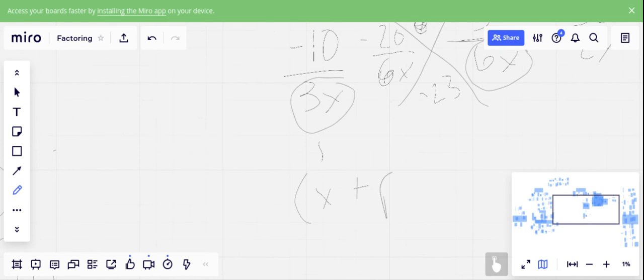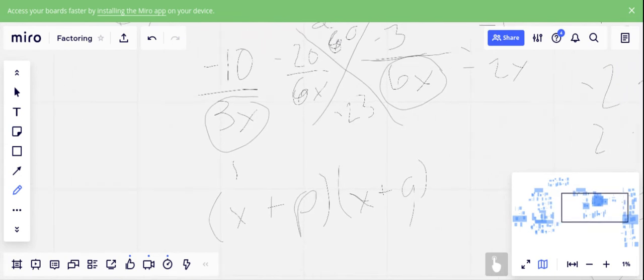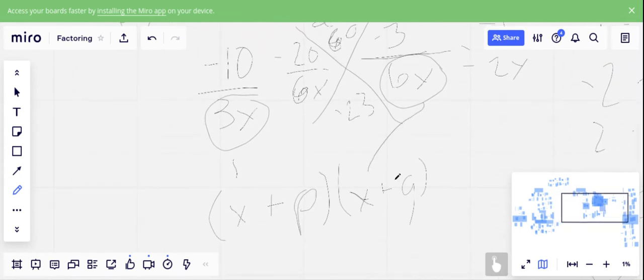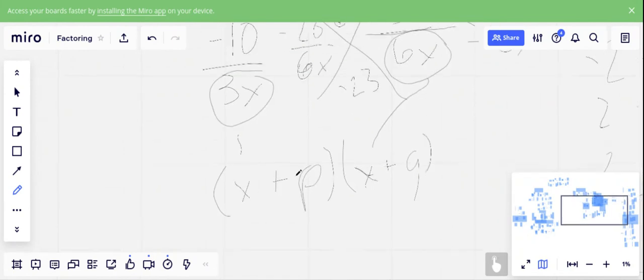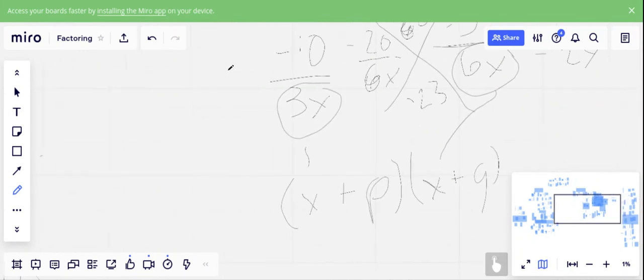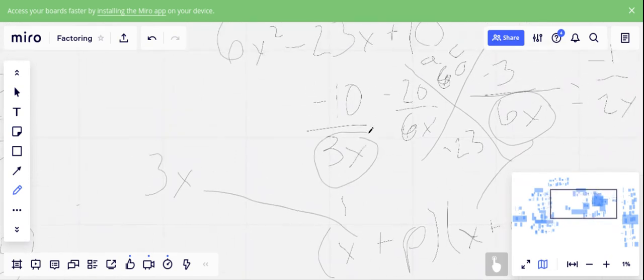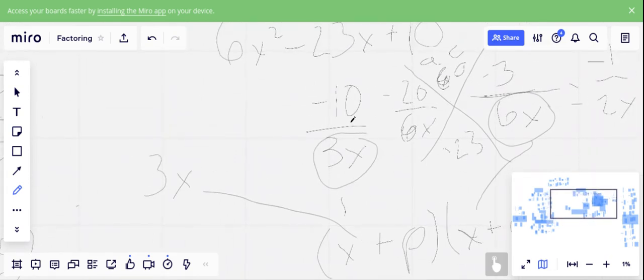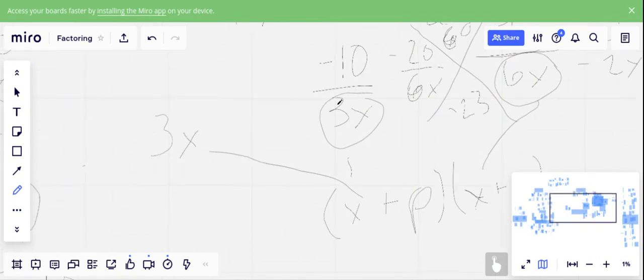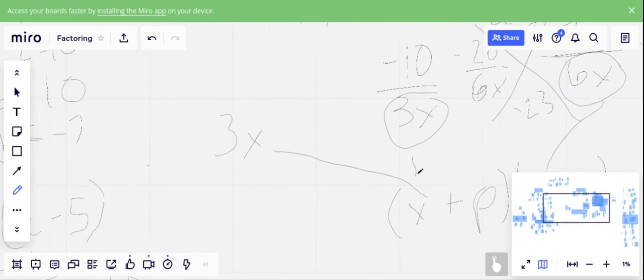So negative 10 over 3x: this 3x would become the first part in the x plus p term, so the x would become the 3x. And the numerator, the simplified fractions which are the roots, will become the second part, the p and q part. So this negative 10 will become the second part.